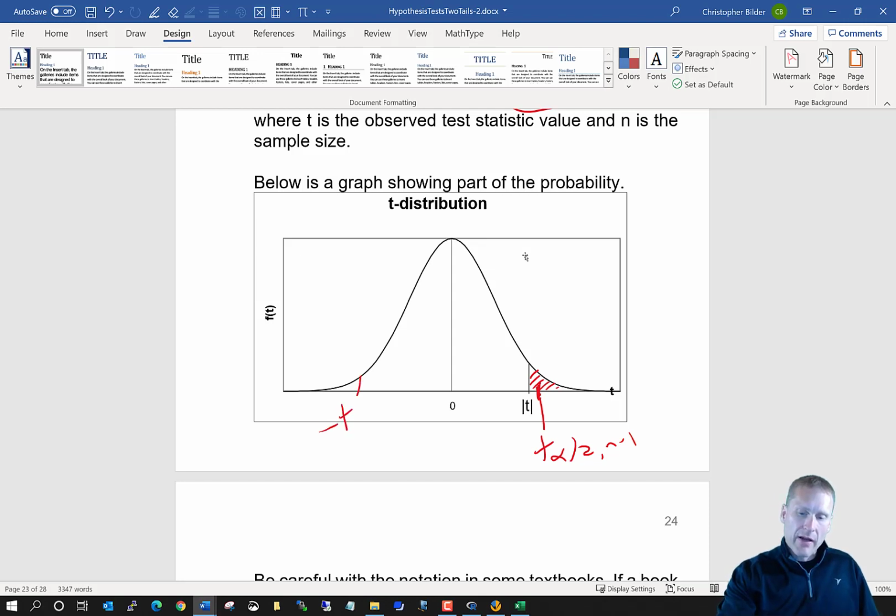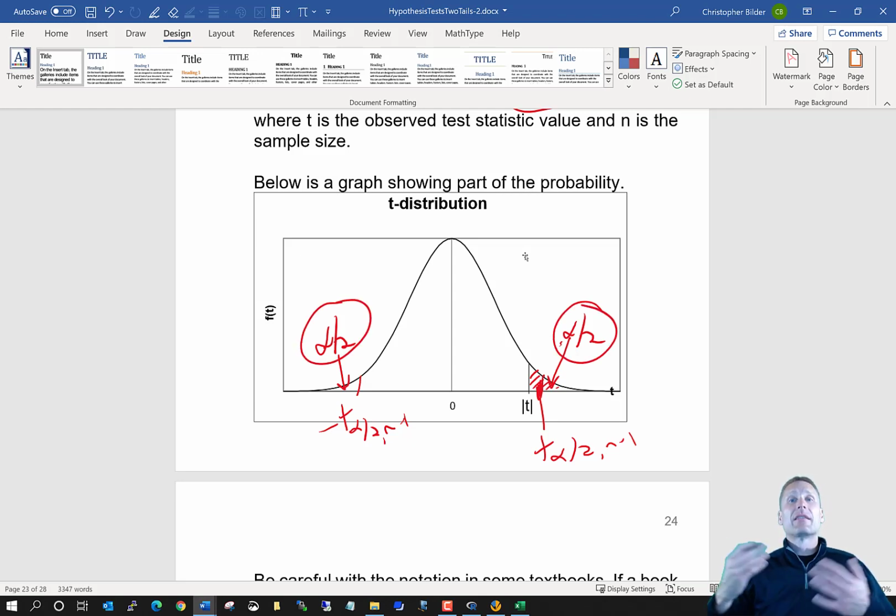I'm finding a value there as well. And the area in that tail is alpha divided by 2. Okay? Alpha divided by 2 plus alpha divided by 2 is alpha. So underneath this curve, there's an area of alpha where essentially my test statistic could fall in, where I end up rejecting.